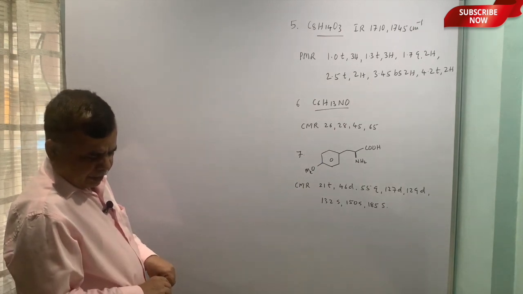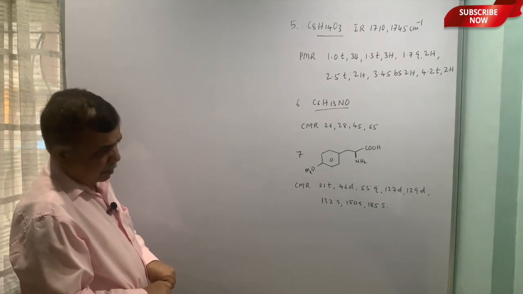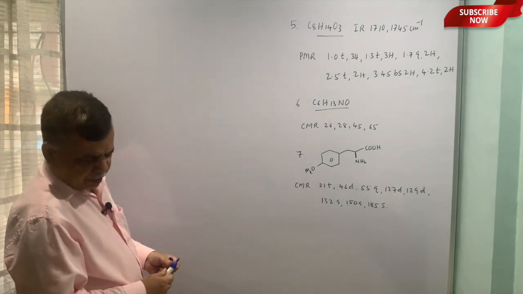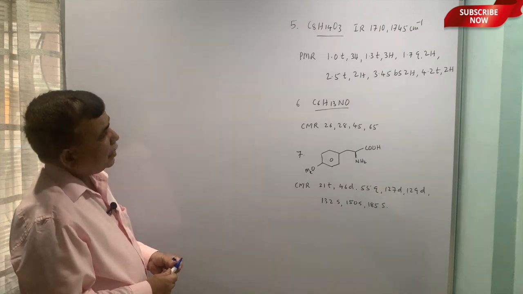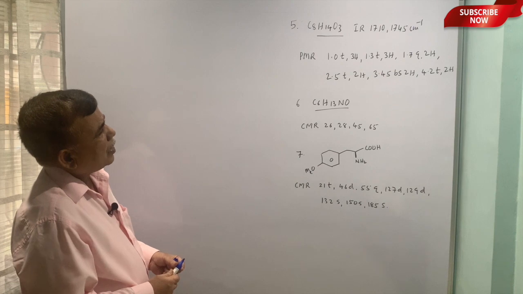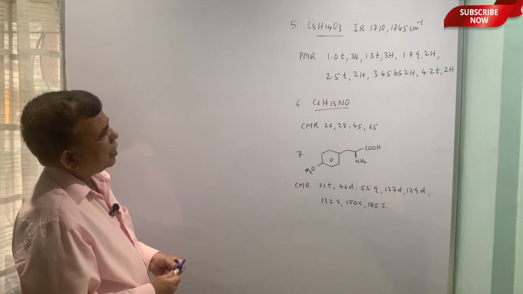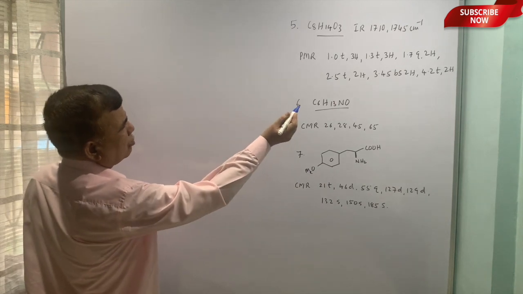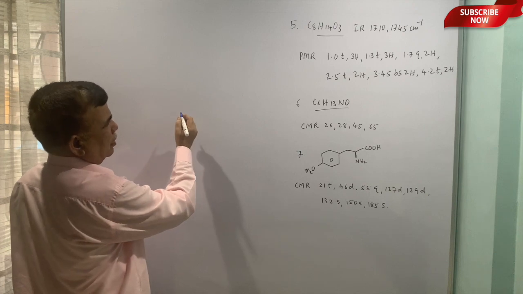So it is an aliphatic compound, and the 3 proton triplets mean CH3 CH2 is there, 2 CH2 CH3s are there, and then the quartet, 2 proton, means a CH2 which is next to it, and then we have 3 CH2s and finally 1 CH2 attached to oxygen.